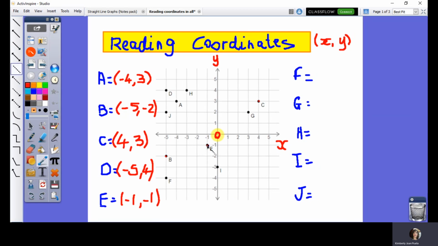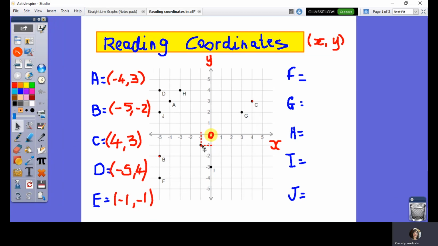Take two dotted lines coming out from your point. On the x-axis it touches -1, and on the y-axis, it touches -1 as well. You see, -1, -1.